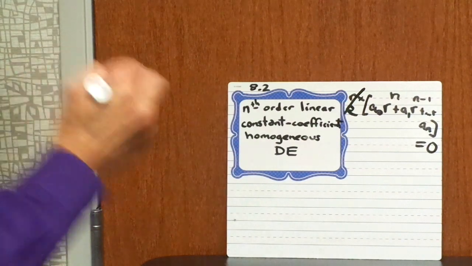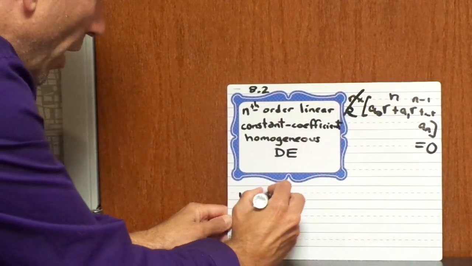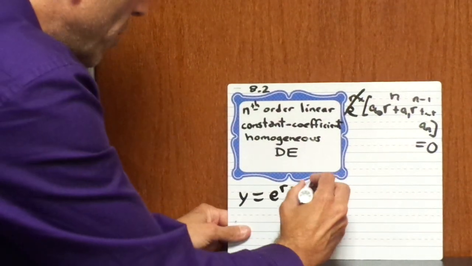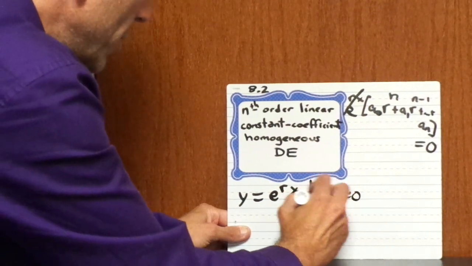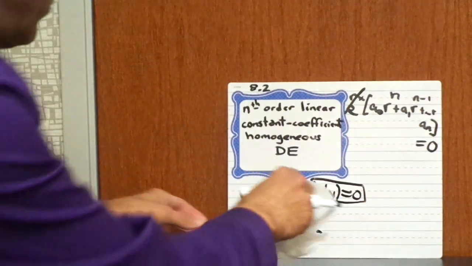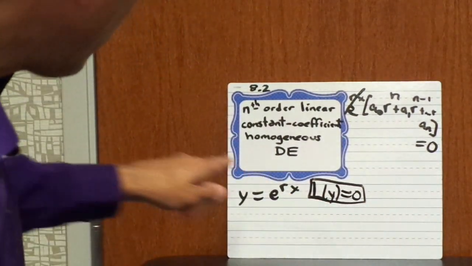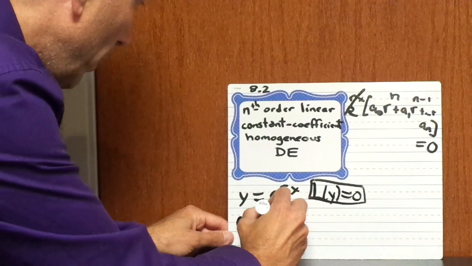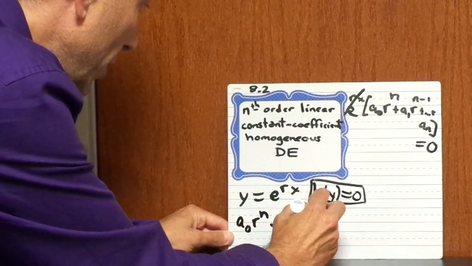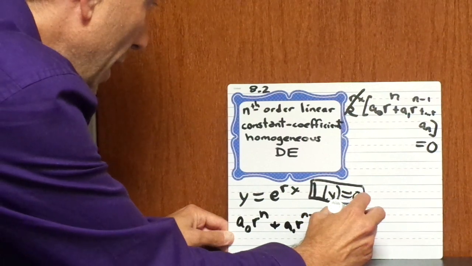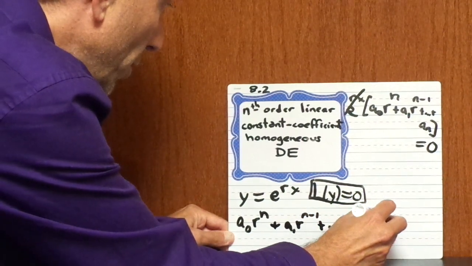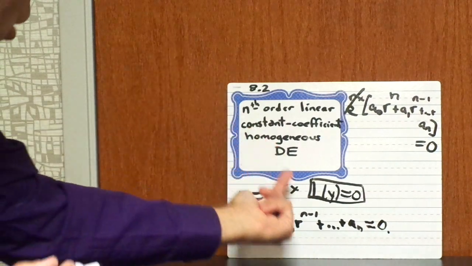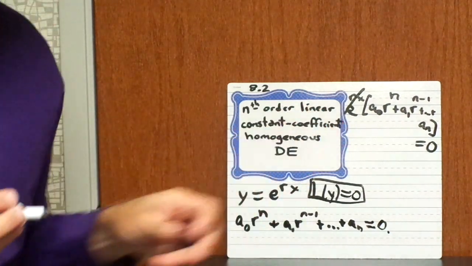When we're trying to solve for what values of r will make e to the rx a solution to our differential equation, which is L of y equals 0, what we have figured out is that as long as r satisfies this equation right here, a naught r to the n plus a1 r to the n minus 1, and so on, plus an equals 0, any value of r that satisfies that equation will work as a solution when I plug it in for e to the rx.